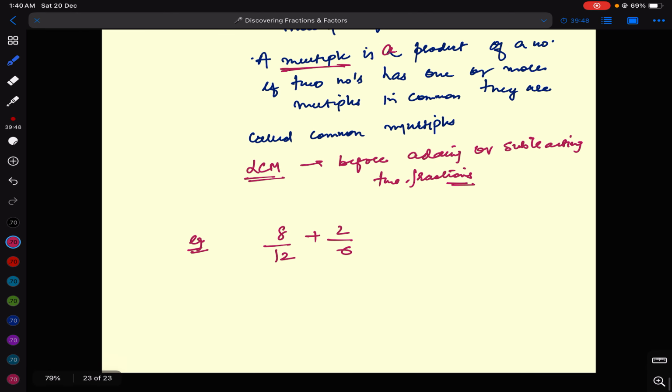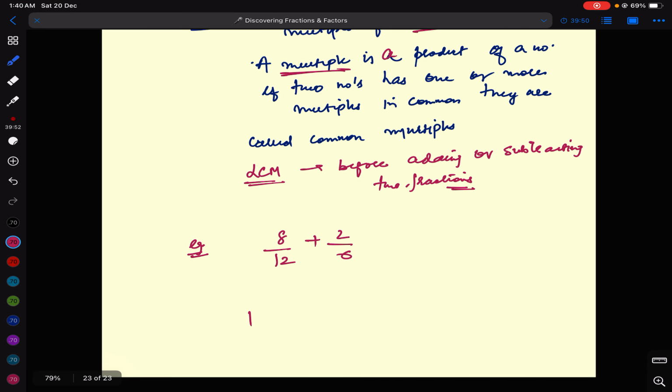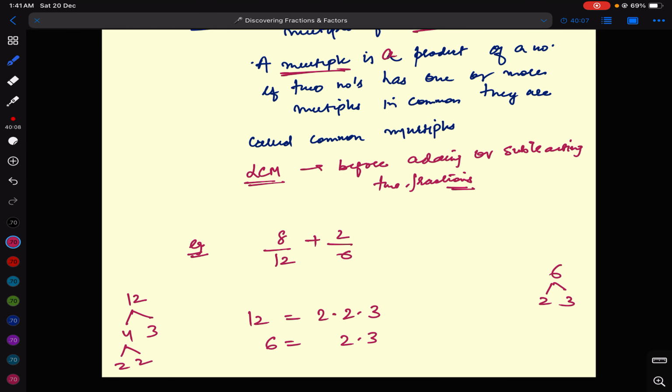From this example we can see 12 can be written as 4 times 3. 4 can be written as 2 times 2, so it is 2 times 2 times 3. Similarly 6 is 2 times 3, right?